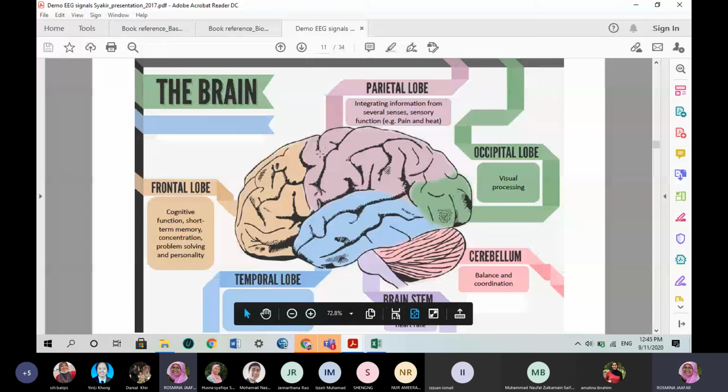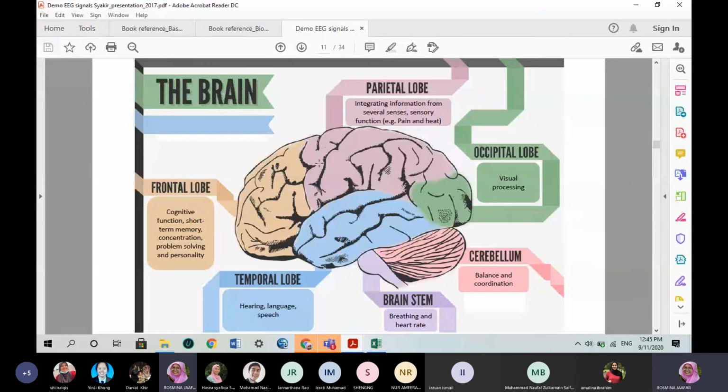The parietal lobe is the integration area, having the sensory area. Sensory means the feeling of pain, heat, and so on goes to the parietal, whereas action comes from the frontal lobe. Okay, the bottom part is the cerebellum.